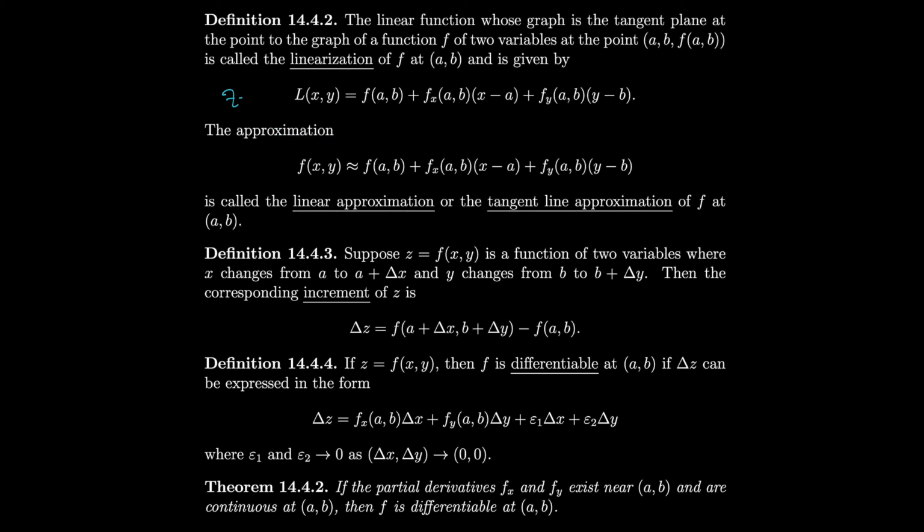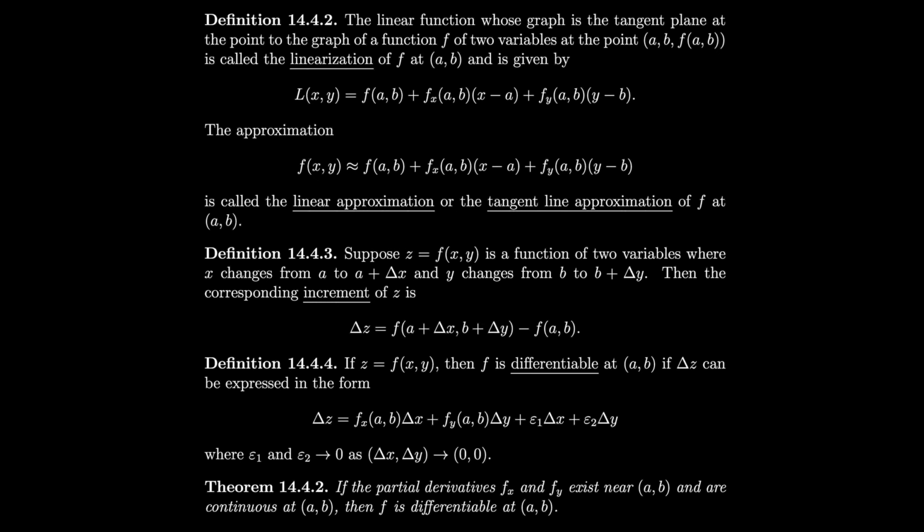We just have z left, so we can rename z into L as a function of x and y, and we get this equation over here. And if we want, we could use this to approximate the value of the function f of x, y. It's called the linear approximation or tangent plane approximation of f at (a, b).